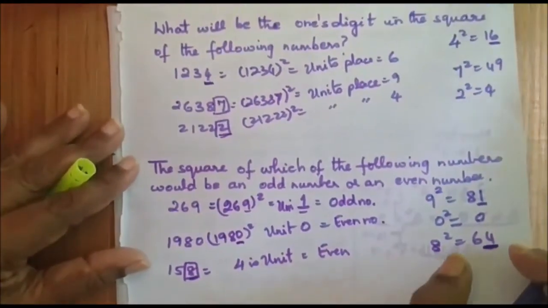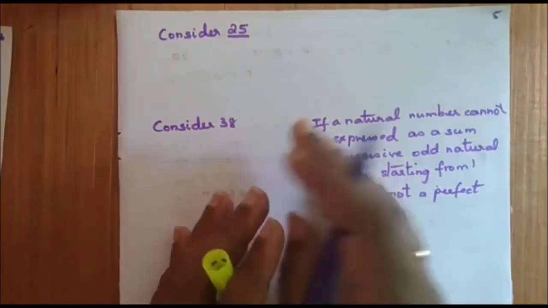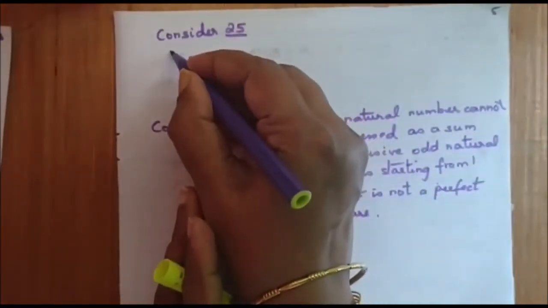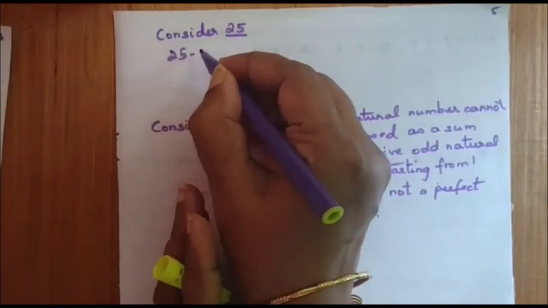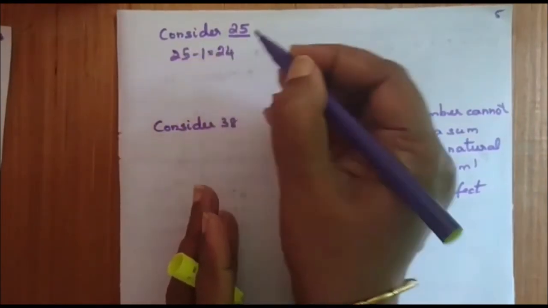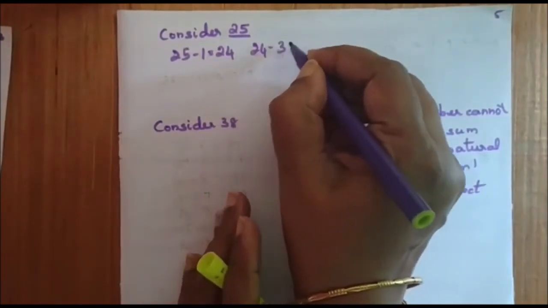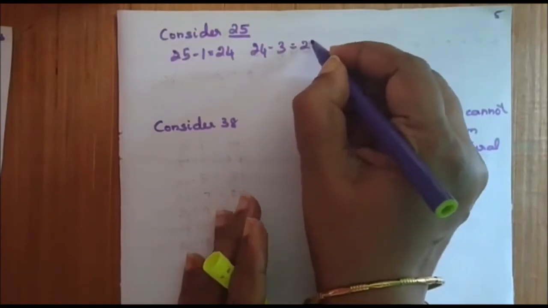Okay, now let us go to the next one. Now let us consider 25. We subtract from 25 an odd number, that is 1. I get 24. Now from 24 I subtract 3. I get 21.